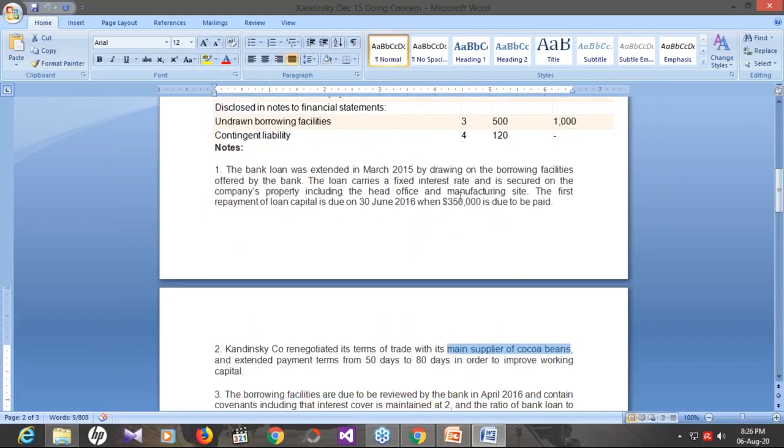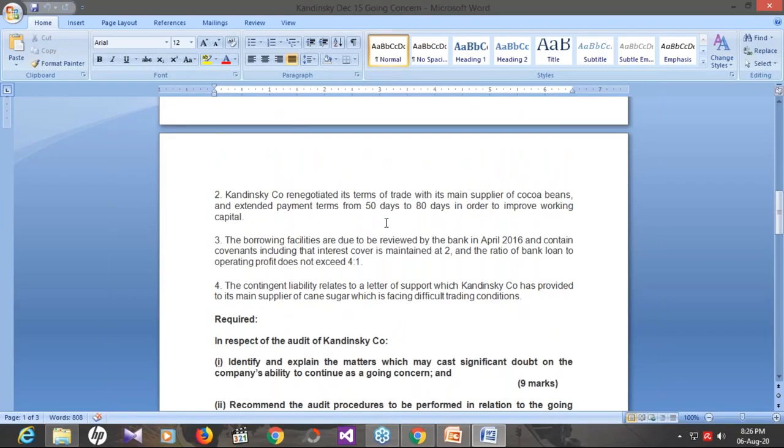The second factor is the loan that is to be paid on 30th June 2016, and the third is the extension of the payment terms with the main supplier of cocoa beans, and the borrowing facility, which includes certain covenants, and the fifth thing is contingent liability. So for each head you have to think of 2 to 3 items.